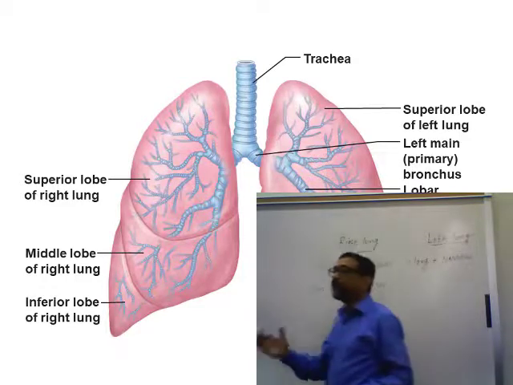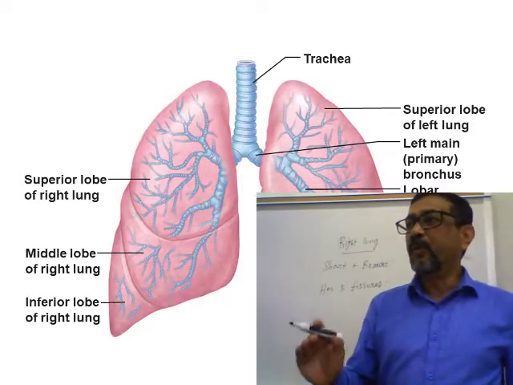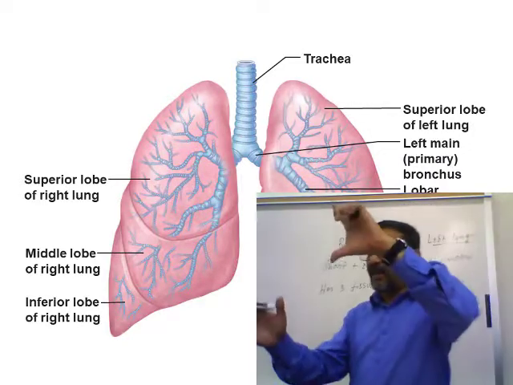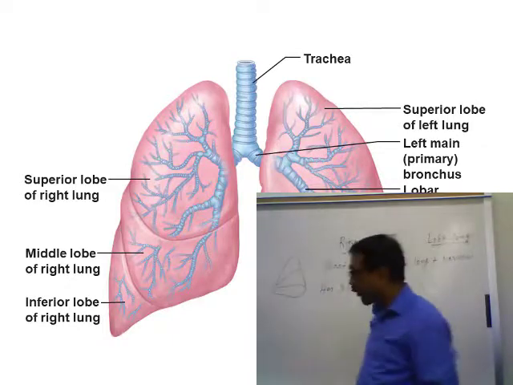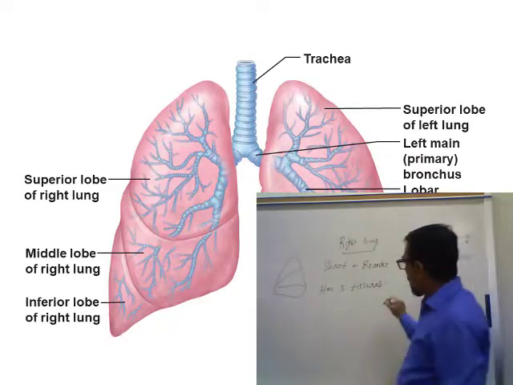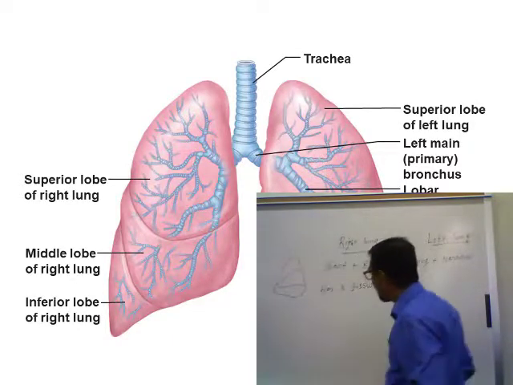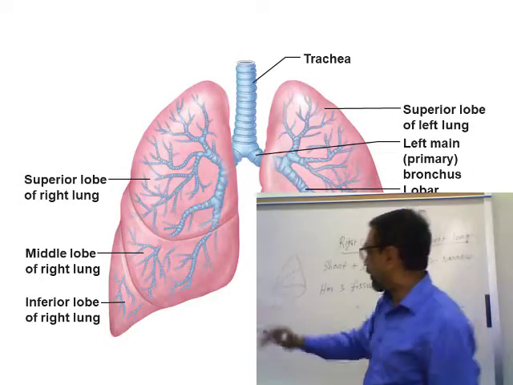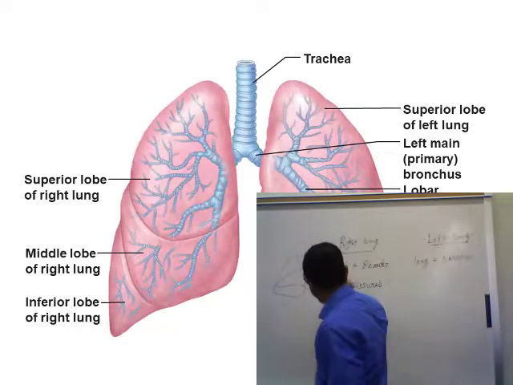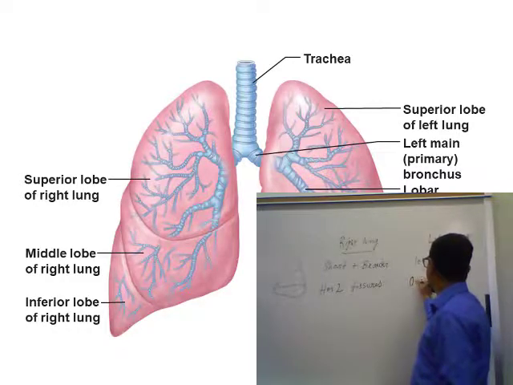Fissures are deep grooves or cuts. So if you see the right lung, it has two fissures, or deep grooves. So it is divided into three lobes because there are two fissures. The left lung has only one fissure.